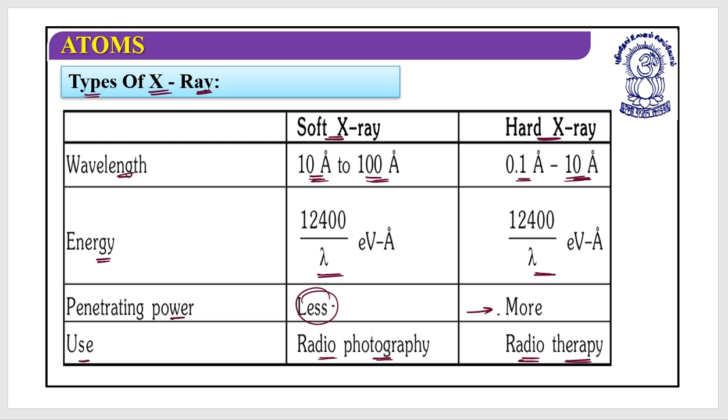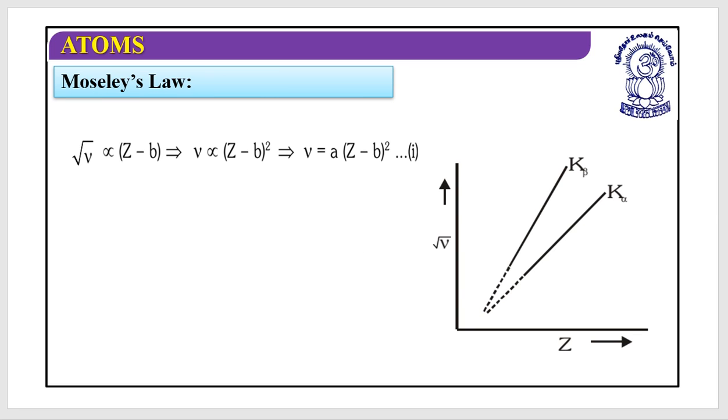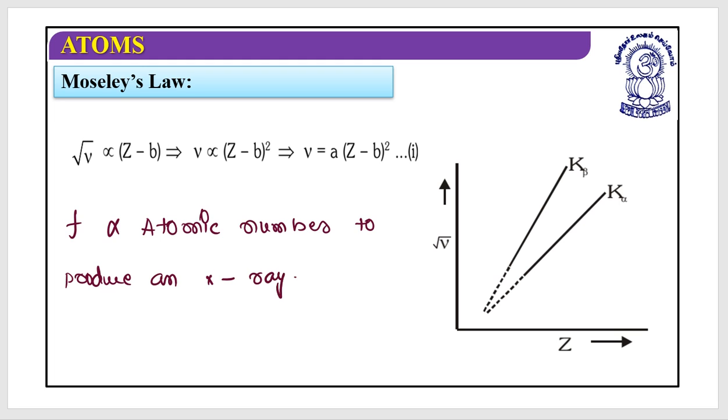Great. Now, let's discuss Moseley's law. Moseley is a scientist who has given us the relation between the frequency and the atomic number to produce an X-ray, when we produce a characteristic X-ray spectra.